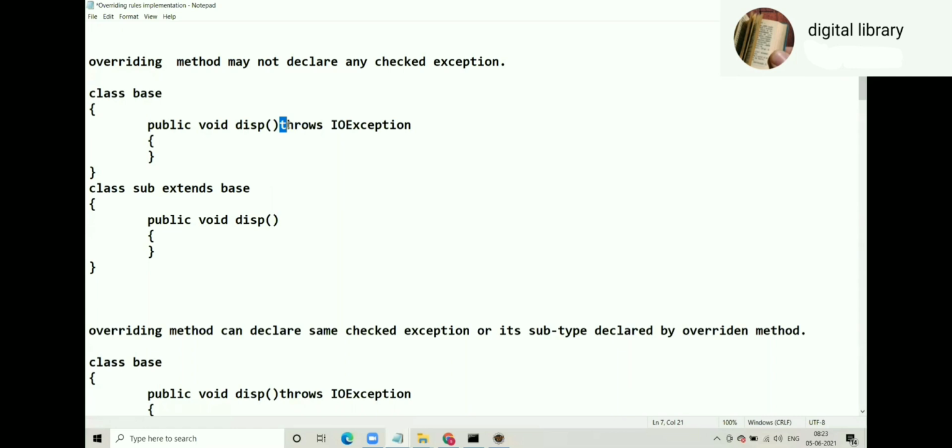Point number A says overriding method may not declare any checked exception. Look at that.